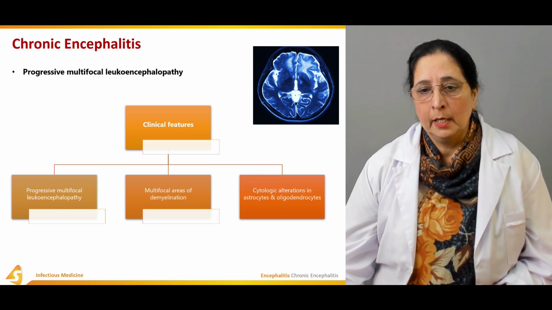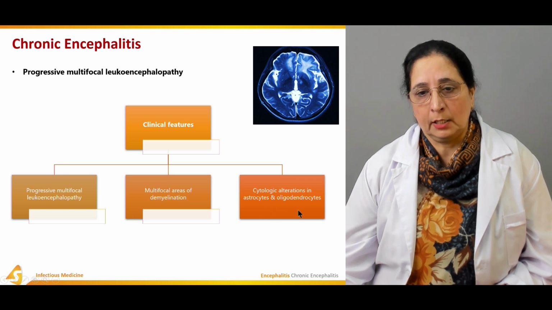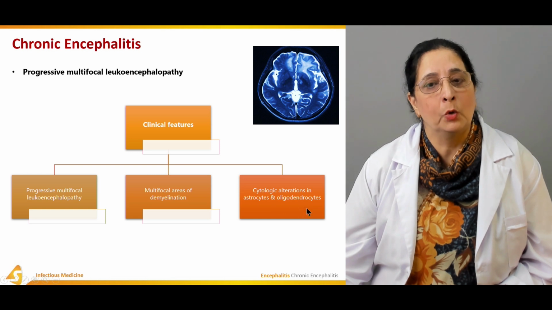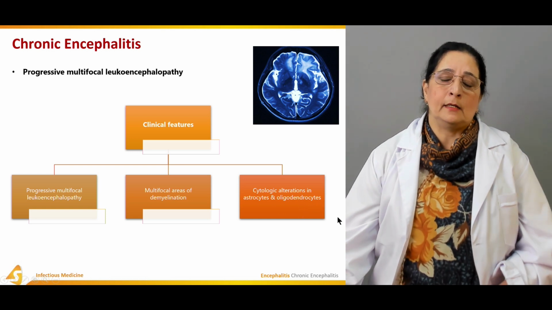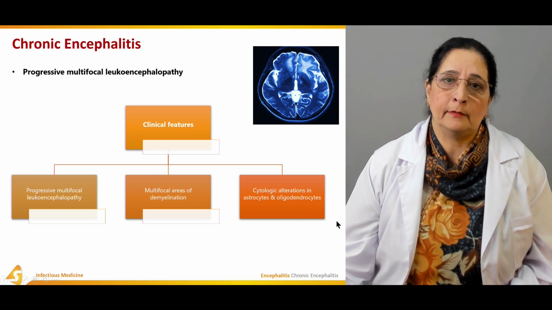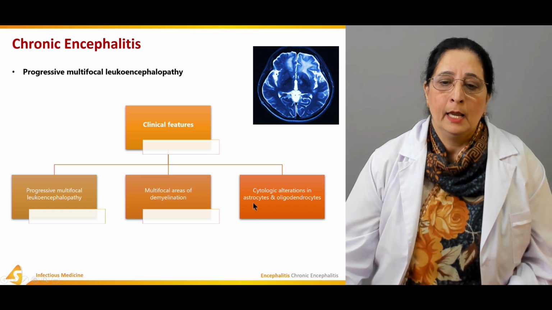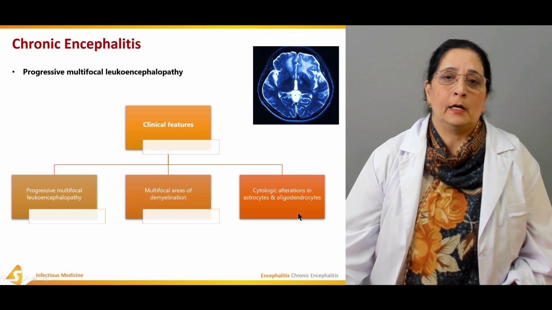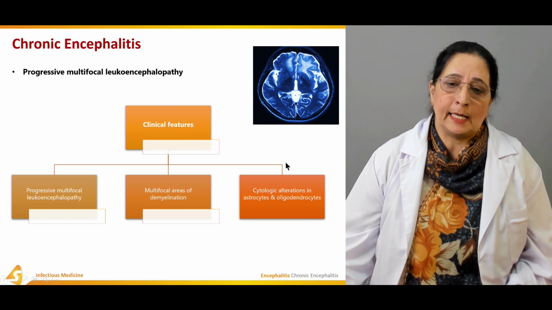And also there is cytologic alteration in astrocytes and oligodendrocytes. These are the cells present in the nervous system, in the brain. There are changes in these cells.